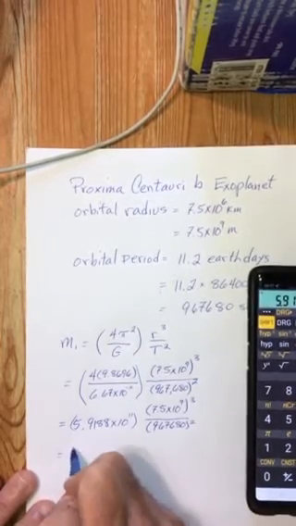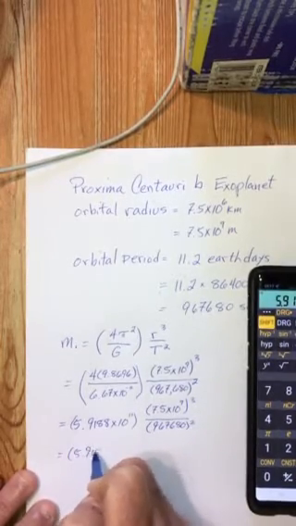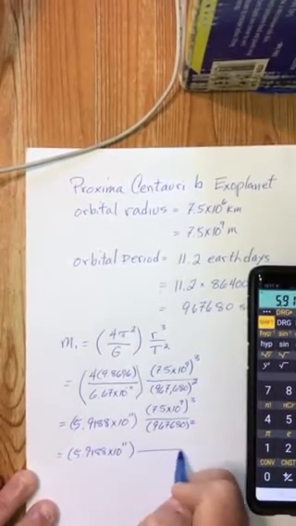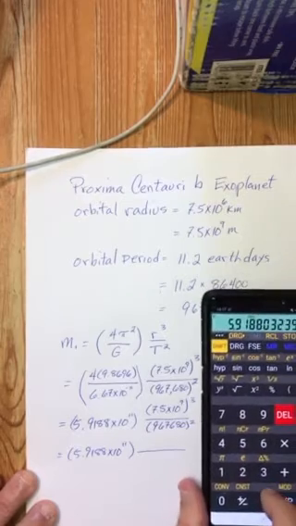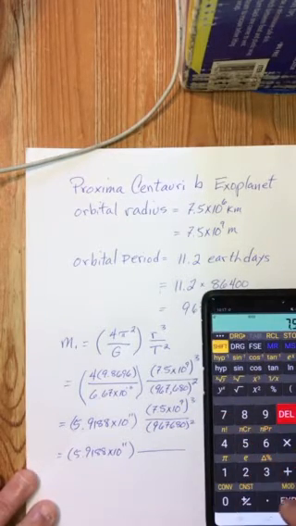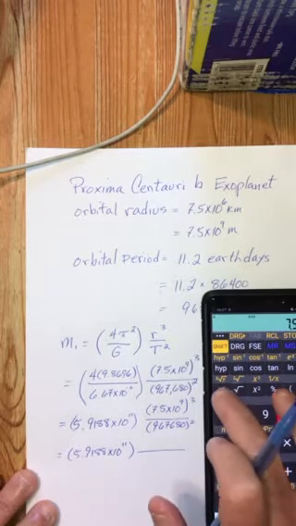So we have 5.9188 times 10 to the 11th. And let's do 7.5 times 10 to the 9th power, and then we're going to cube that.